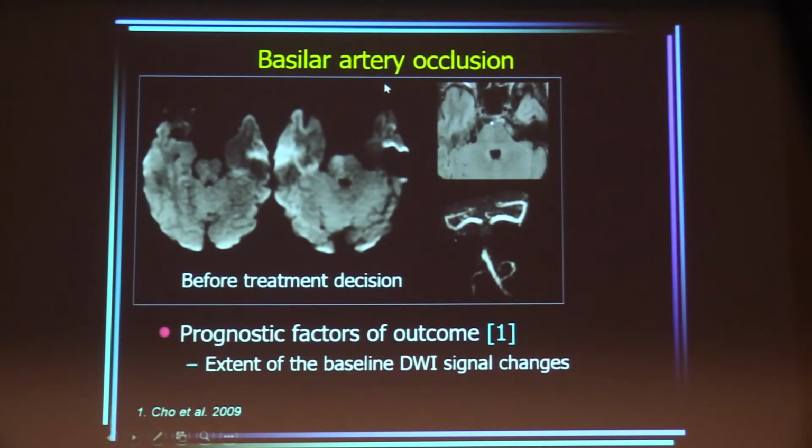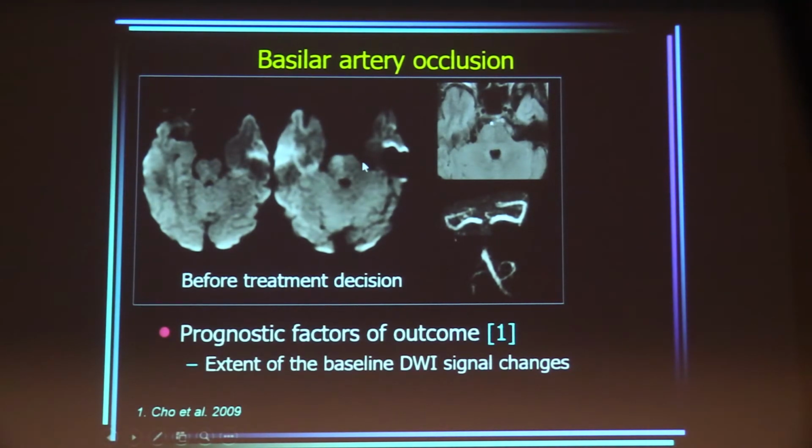And I will finish with the basilar artery occlusion, which is a bad event with a very poor prognosis. One important point is that before the treatment decision we get very important information on the extent of the lesion and of the brain stem, which are key prognosis factors.